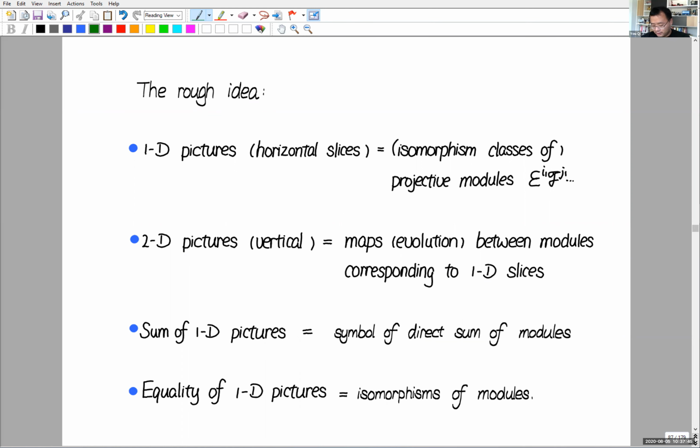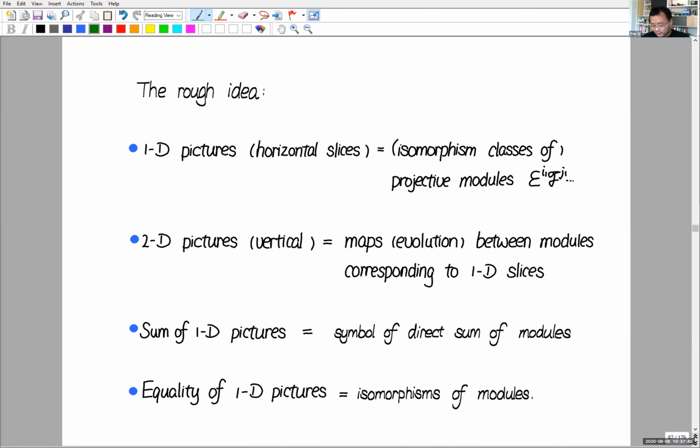The other way, when you go from K to M and back from M projecting onto K, you should get the identity of K, and likewise from L to M and M projecting back to L, you get the identity of L.